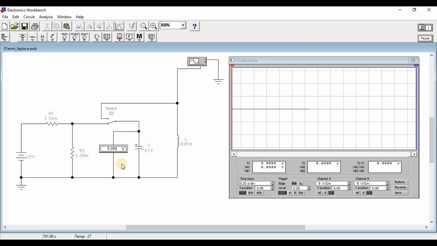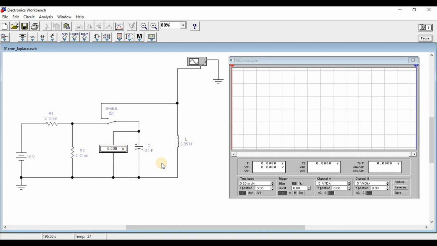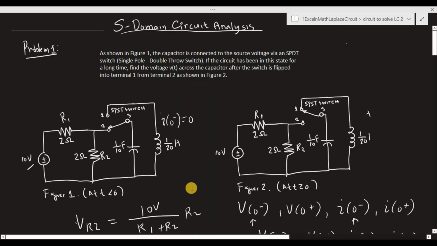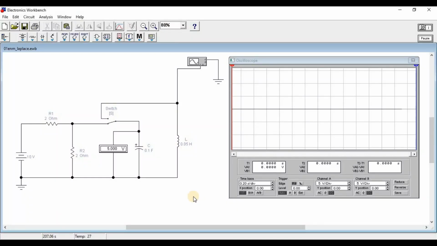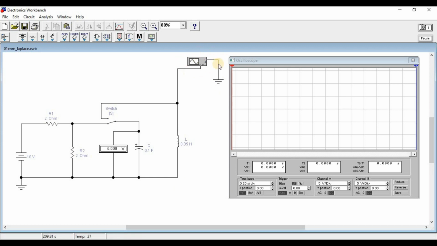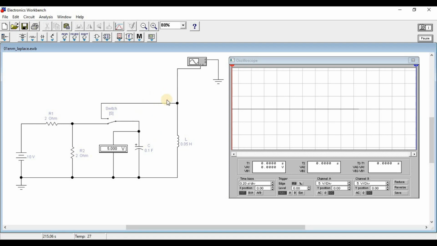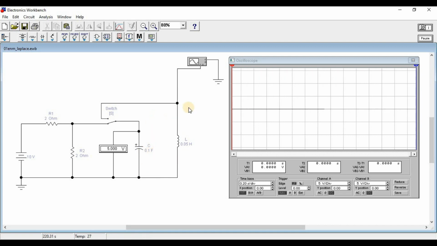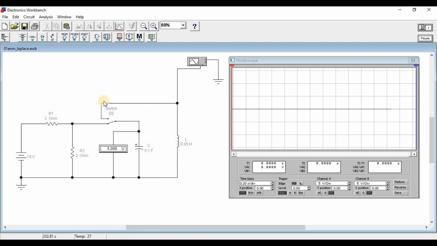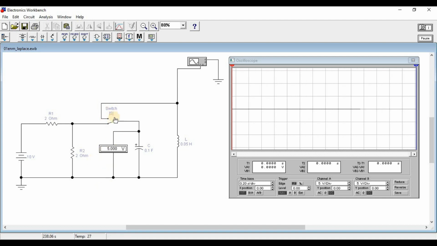And as we can see, the voltage across the capacitor is 5 volts, which agrees with our calculation for the V0 minus. And we also have an oscilloscope, so we can see the waveform of the voltage across the capacitor and inductor. And this is the switch. Now let's flip the switch.